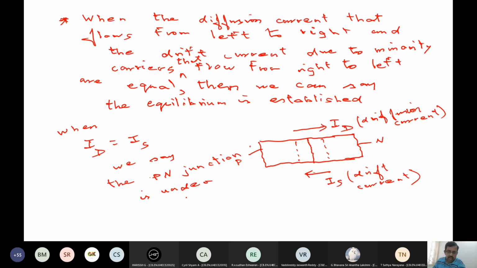Although there is a built-in potential across the barrier, the terminals are open circuited. And this built-in potential cannot be measured across the terminals because it is open circuited.